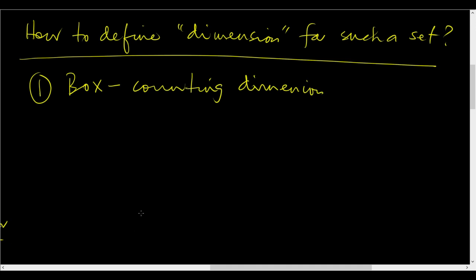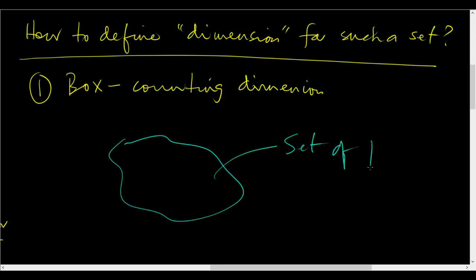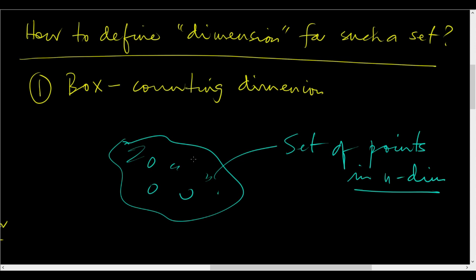So the way it proceeds is, let's say you have your complex set here. This is your set of points, in n dimensions. Now somewhere in here it has complicated structure, it may have holes in it and so on, it doesn't matter.